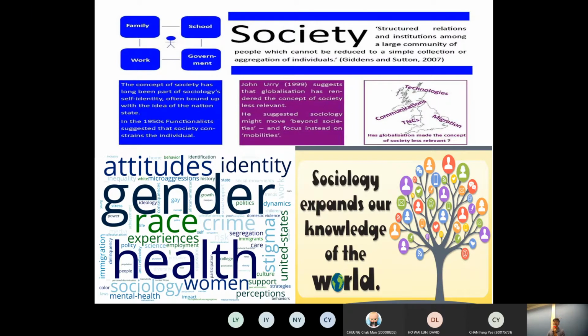And when we talk about the core ideas of sociology, the left-hand side diagram may give you some further ideas. Sociology is not only about ourselves. We also have to make connections between ourselves and the other social agents.